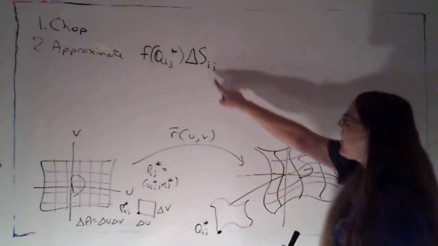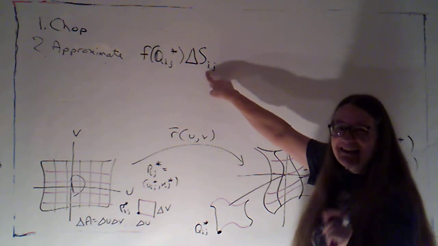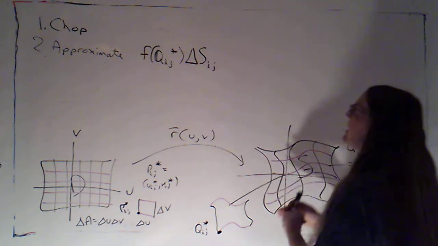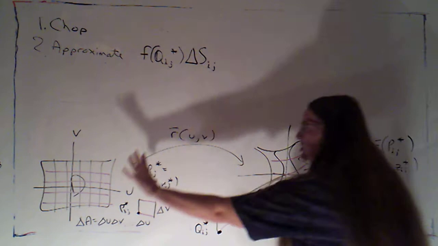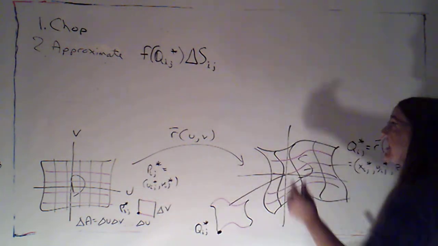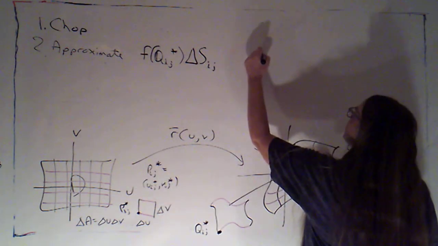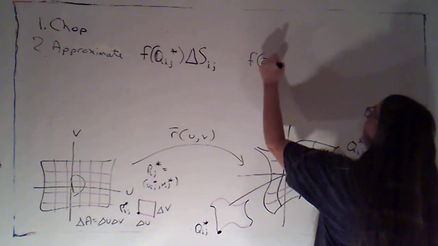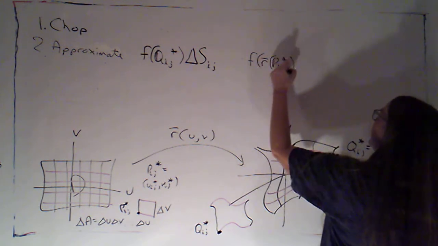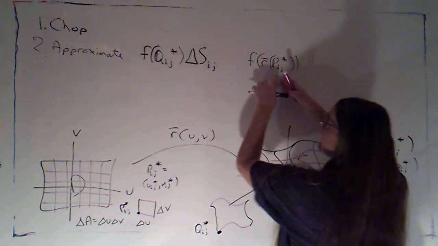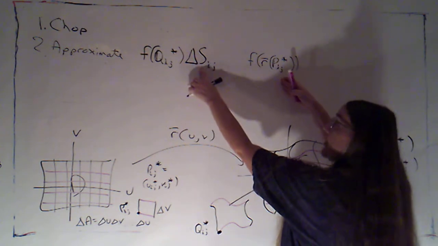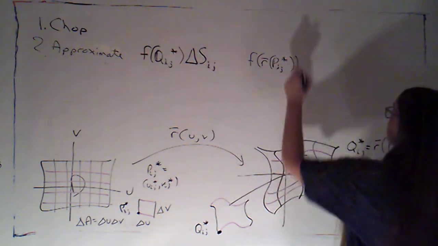But I know how to approximate that area of the base. So if I express everything in terms of my parameters, it would be f of r of Pij star. That's the same representative height, but I would then approximate that surface area.